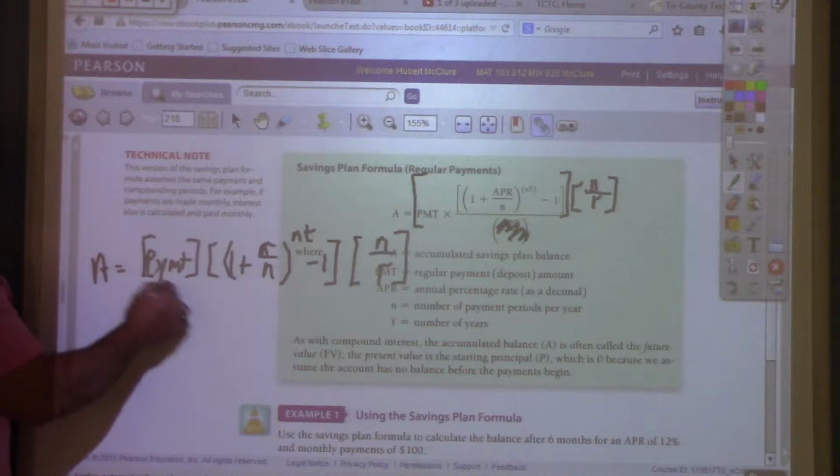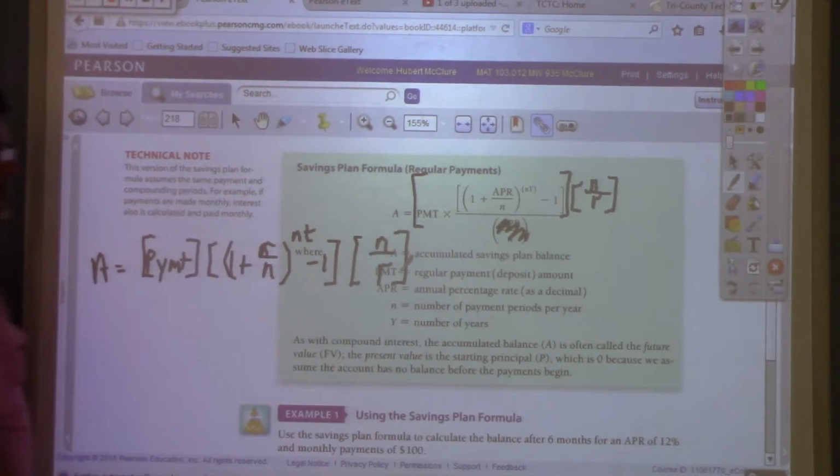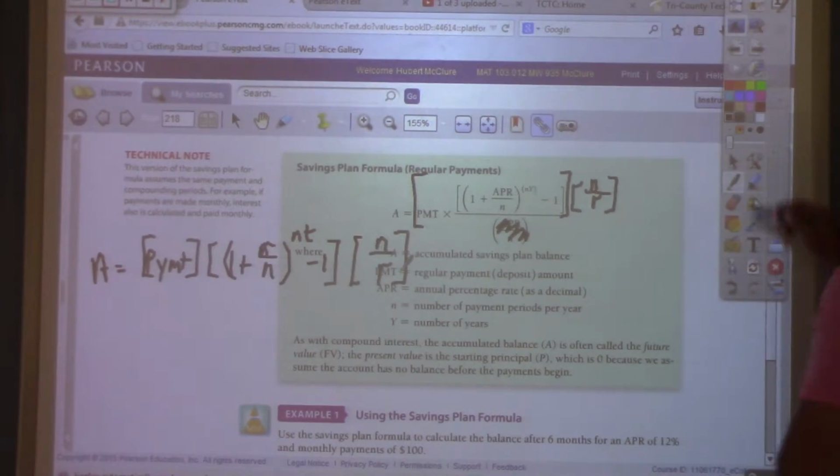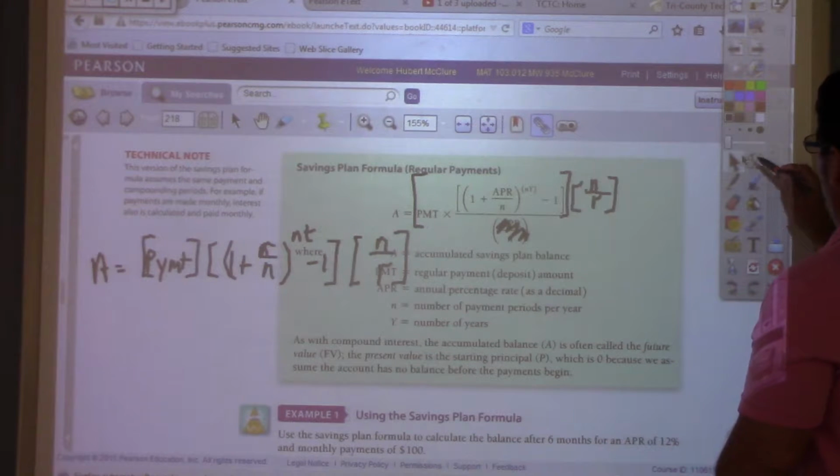Payment times this times this. Very nice thing to have.